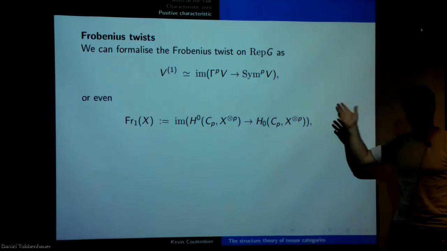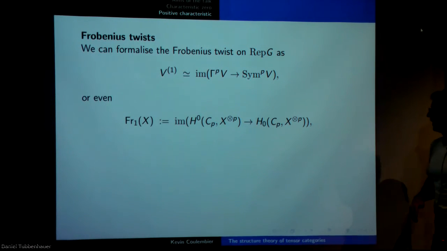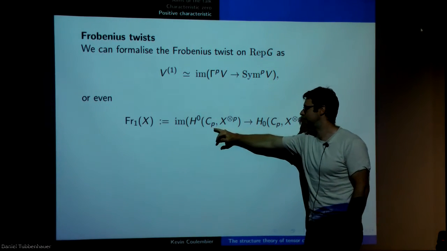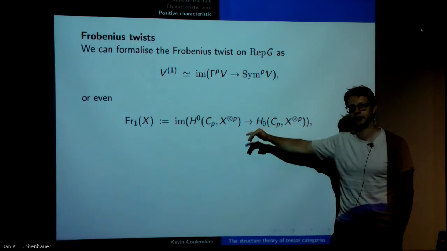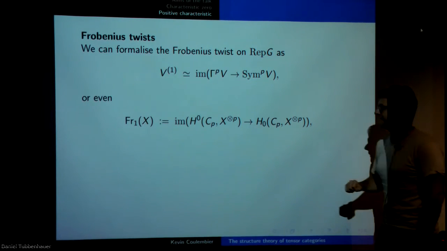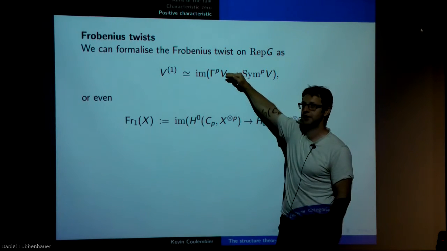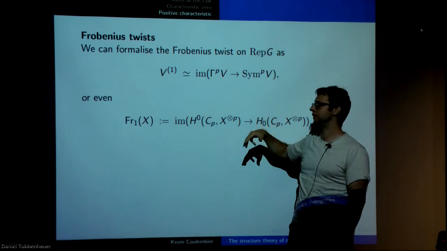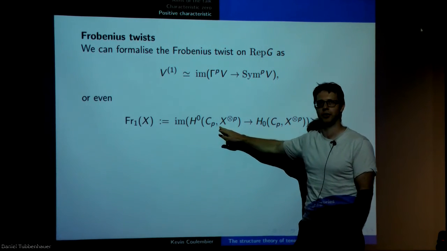That can be good or bad depending on what you're trying to do. But we could just look at invariants and coinvariants for the cyclic group of order p inside the symmetric group on p symbols. For a vector space, this will still give you the ordinary Frobenius twist. But also for a supervector space, it will preserve everything because you can't see the sign anymore.